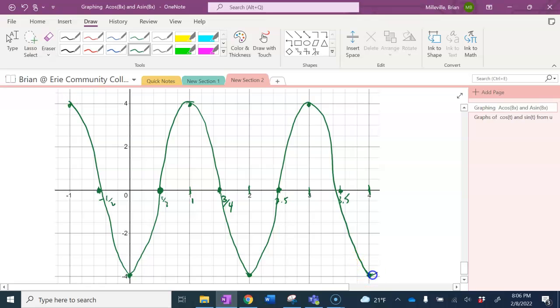Again, my picture's not perfect here. We can use a graphing calculator or Desmos to get a better result, but that is a decent sketch of y equals -4 times cosine of pi x.